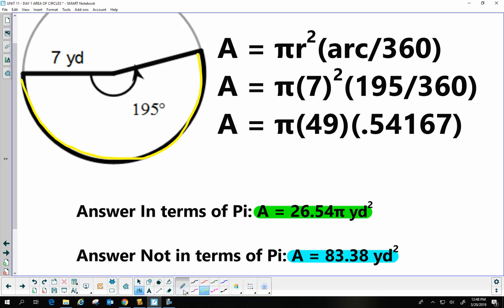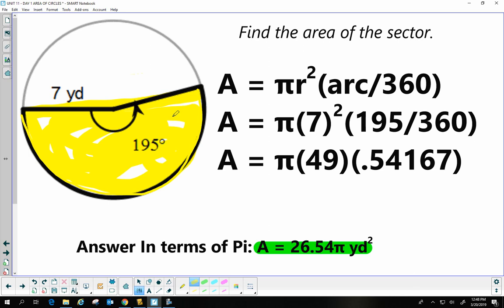So my whole circle had an area of 49 pi. When I multiplied that by this decimal here, it tells me how much is in this part of the circle. Approximately 54%. And if you look at the circle, it looks like we have just more than half of the area colored in yellow.